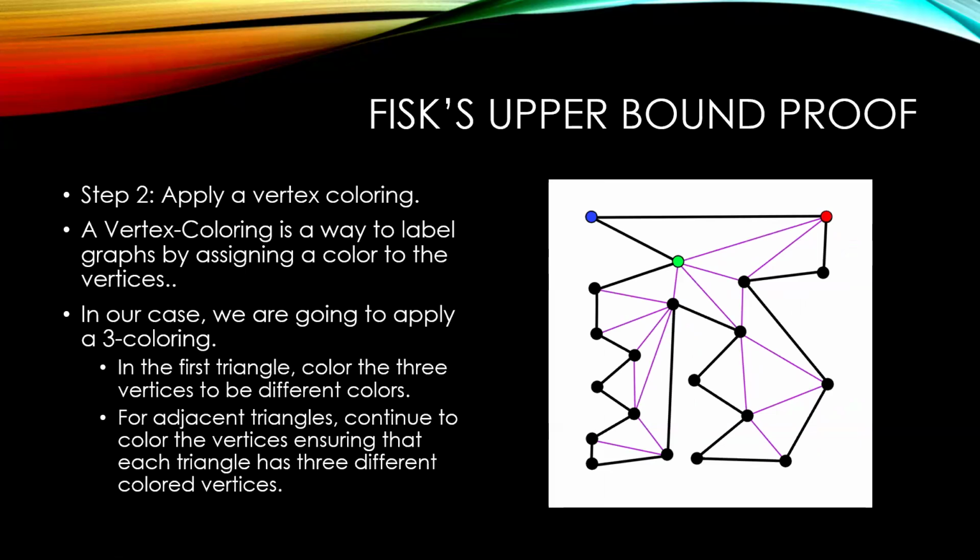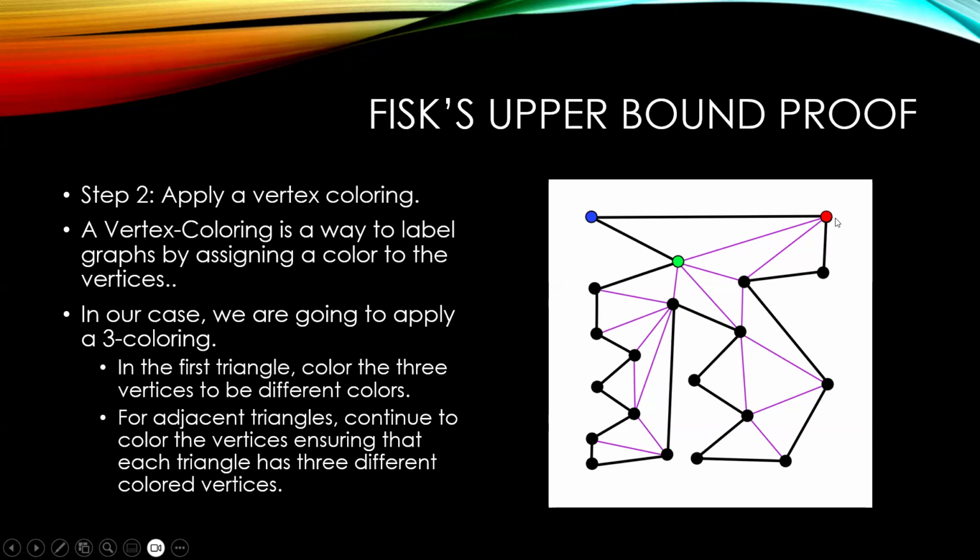Our second step is we're going to apply a vertex coloring. Essentially, we know that all of these rooms are triangulated now. And so on each triangle, we are just going to color them. And so here we have blue, red, and green. We are going to go throughout the entire region, and whenever we see an uncolored vertex, we're going to color it with whatever the missing color is.